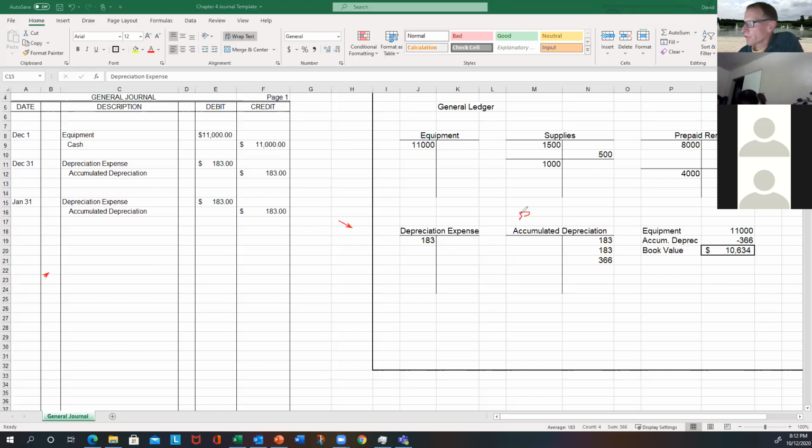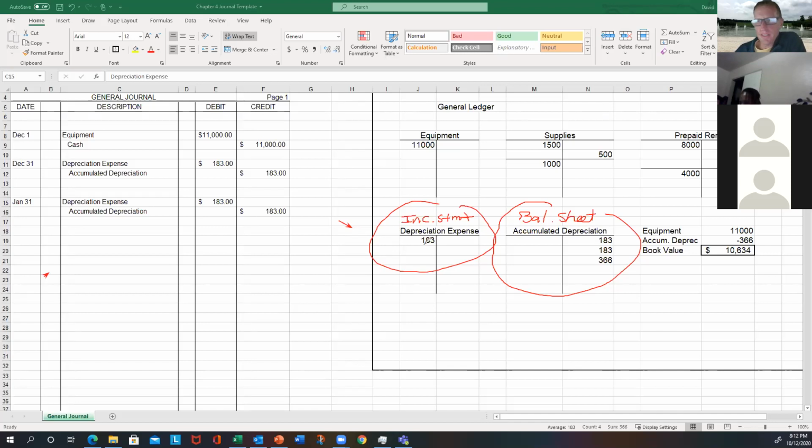Remember, accumulated depreciation is on the balance sheet. Depreciation expense is on the income statement. And what's going to happen when we get to chapter 6, and I tried to say this earlier tonight, is we're going to reset or zero out all of our expense and revenue accounts.